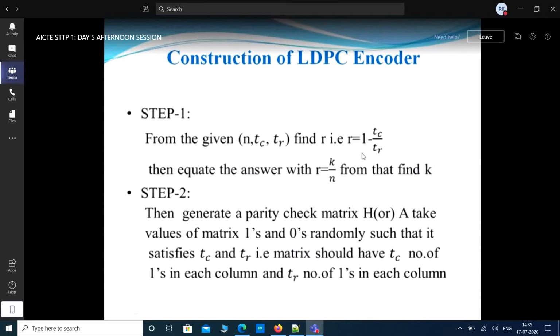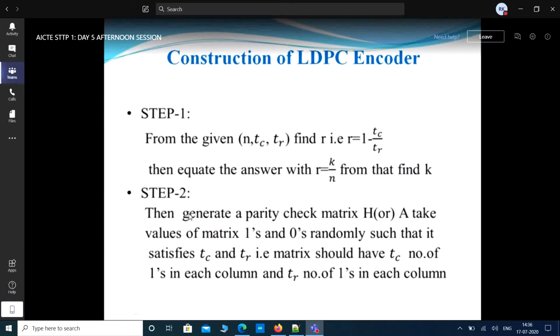Then equate the code rate and find out how many information bits there are, for the given parity check matrix or given length of the code word, that is, find K only. That is the first step of designing the LDPC encoder.